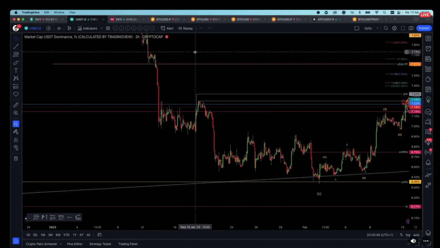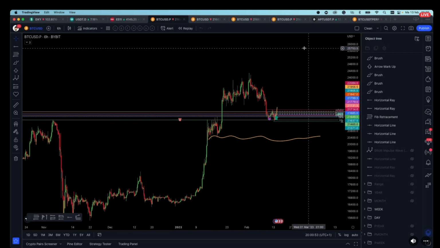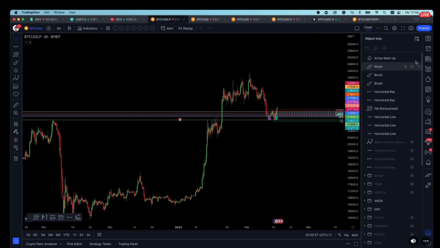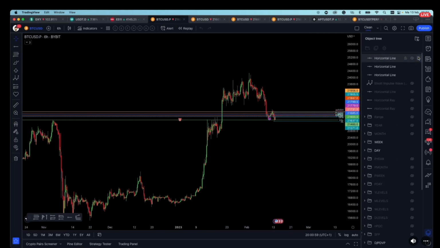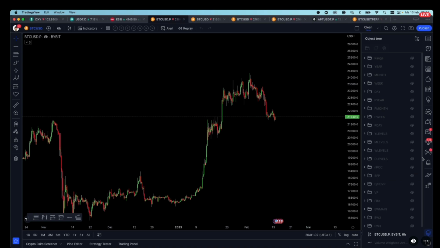Oh, so for Bybit, well, actually, I use a couple of charts. I use this one for my normal charting for the day and for the week. So I have all my levels in here.